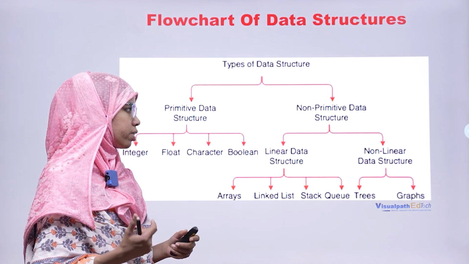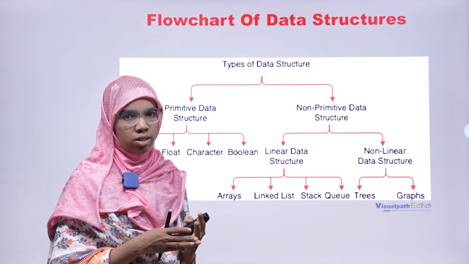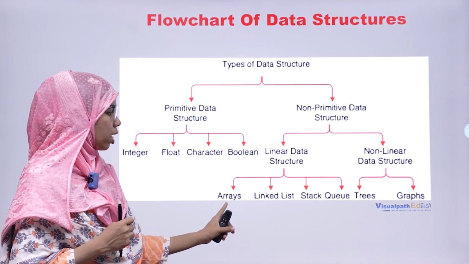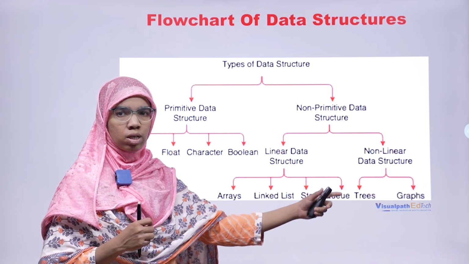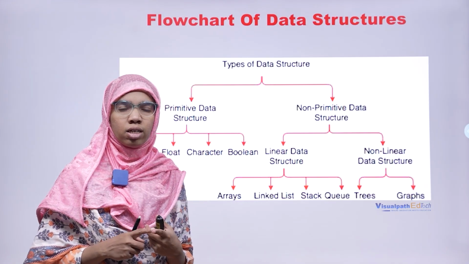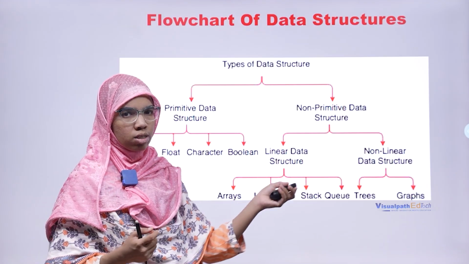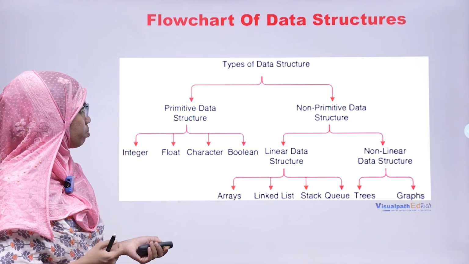Similarly, in the non-primitive data structure, we have linear data structure and non-linear data structure. In the linear, again, you see the arrays, linked list, stacks, and queues. And in the non-linear, you see trees and the graphs concept. So this is the flow chart of the data structure.